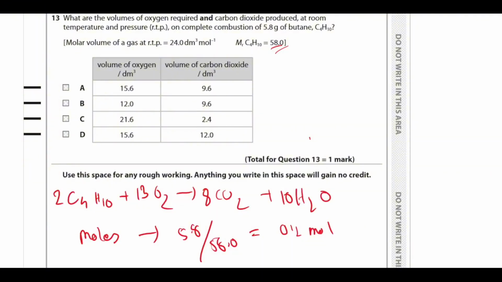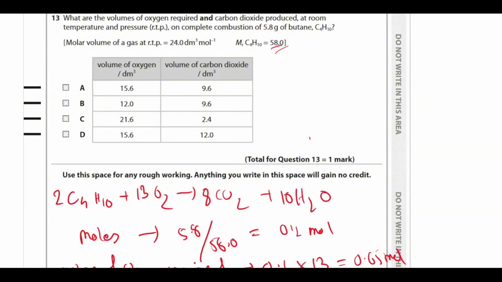We can clearly see here the amount of oxygen required is 13, so the ratio is 2 to 13, right? So we can easily find the moles. The moles of oxygen required would be 0.1 times 13 divided by 2, so the answer would be somewhere around 0.65 mole.